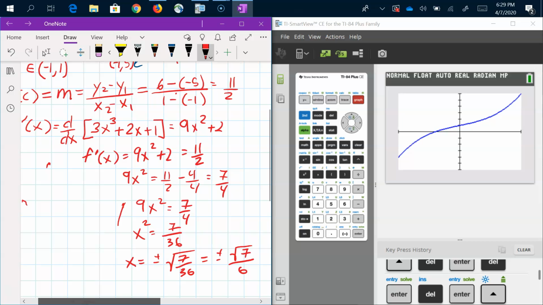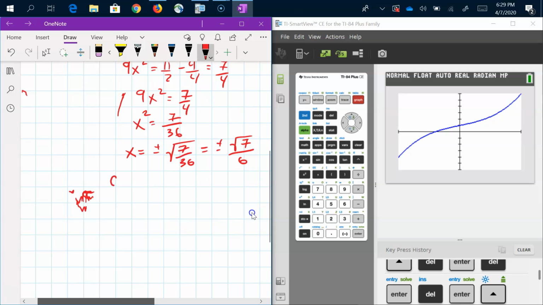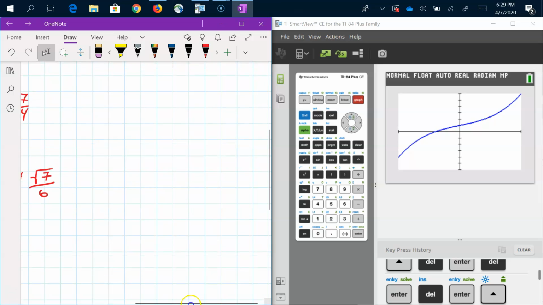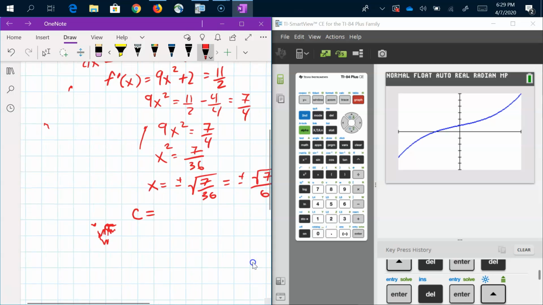So the square root of 7 is somewhere between 2 and 3. So we're looking at a little bit bigger than 1/3 and a little bit less than -1/3. And so we have two c values. So c could be equal to minus root 7 over 6 or positive root 7 over 6.